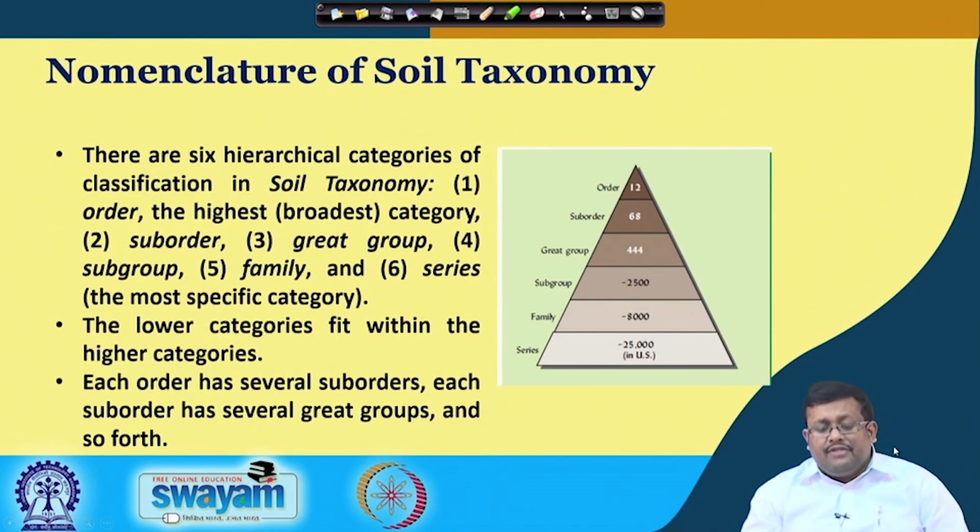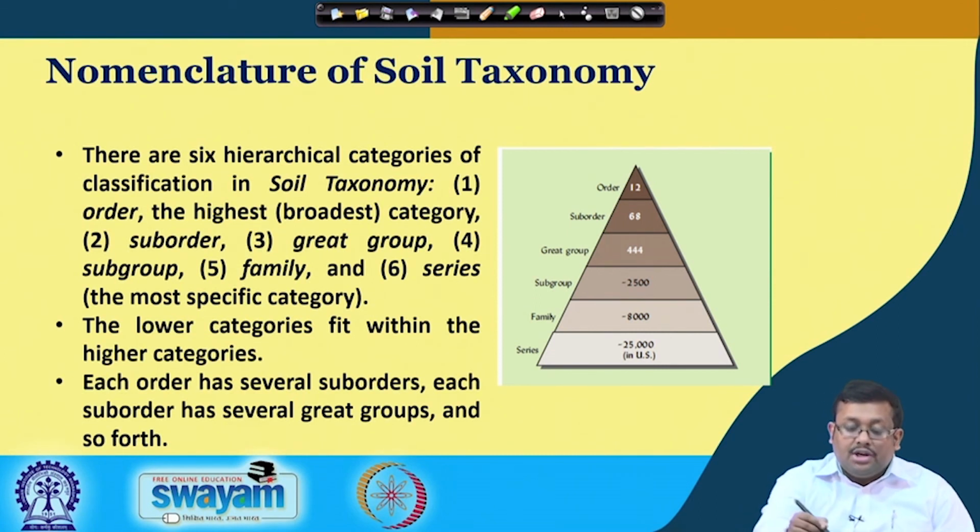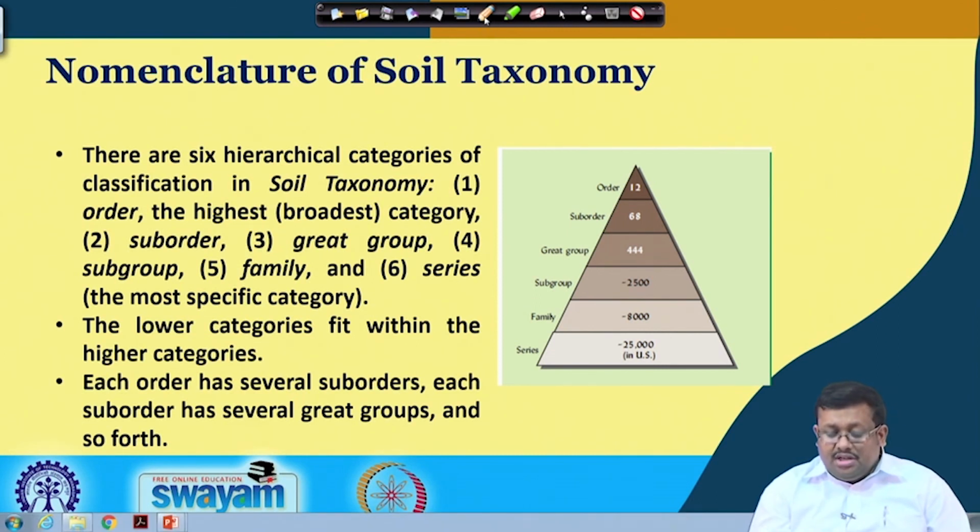Let us see what the different nomenclatures are which are used for soil taxonomy. There are 6 hierarchical categories of soil taxonomy, as we have discussed already in the last lecture. The lowermost group is called the soil series, which is most specific. Above the soil series there is soil family, and above the soil family we have soil subgroup.